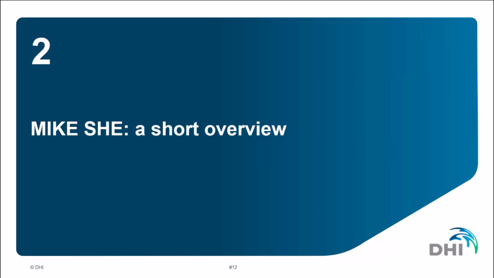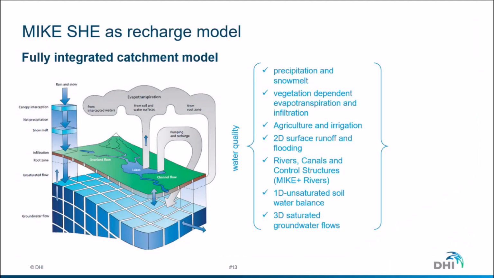Now, a very short overview of MikeShe. MikeShe is, as I said, our fully integrated catchment model at DHI. It is able to represent all the processes that are relevant for the natural and anthropogenic water cycle. So you have precipitation and snowmelt. You have vegetation-dependent evapotranspiration and infiltration.